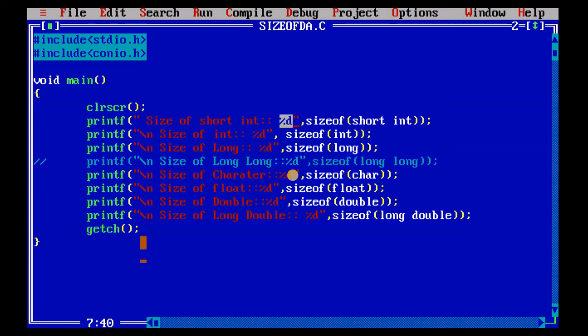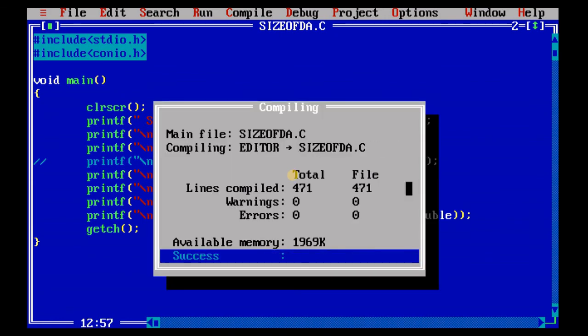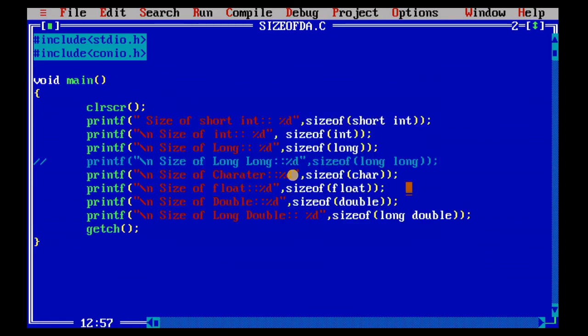Okay, so I have used all the data types that we have seen here: short integer, integer, long, character, float, double, and long double. I'm compiling this piece of code and I got success, and I'm running it, which would show us how much memory each data type would be allocated with respect to this compiler.